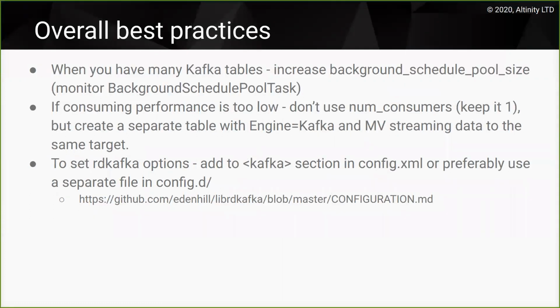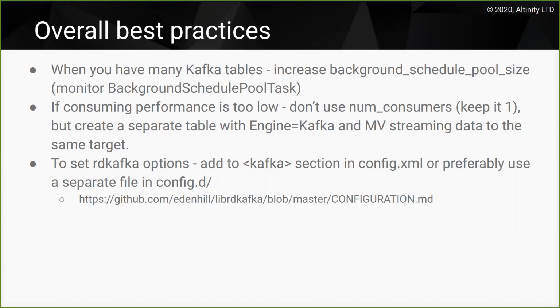One important piece of information here is that when you create a ClickHouse table, under the hood it uses a separate thread to copy the data from the topic to the destination table, and those threads use the background schedule pool.